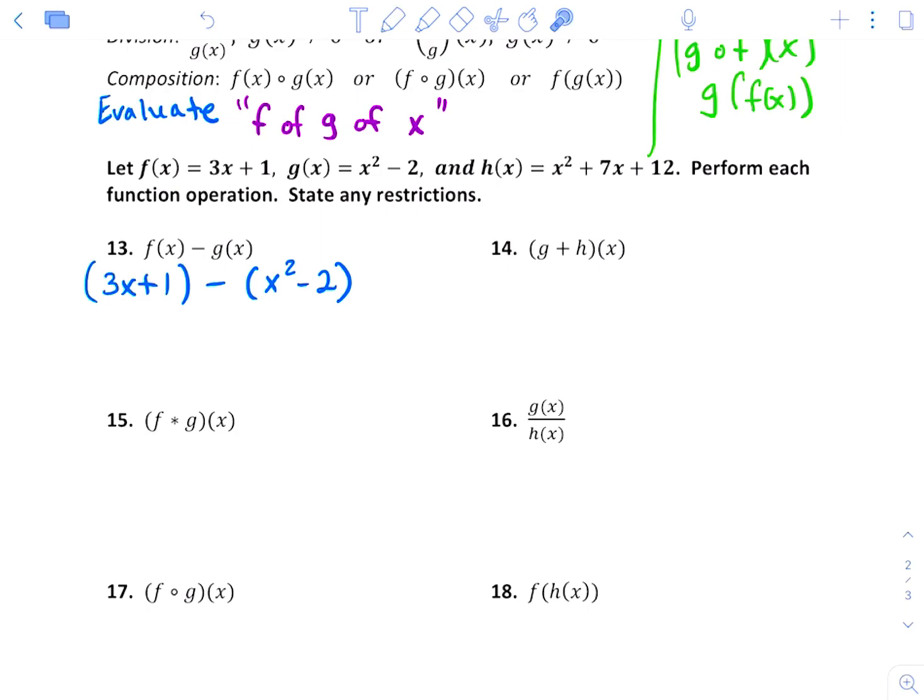So if you need to, we can distribute a positive 1 to both of those and then a negative 1 to both. So this would become 3x plus 1 and then minus x squared plus 2. And then we would combine like terms and write it in standard form. So I will have negative x squared plus 3x plus 3, and my restriction would be none.